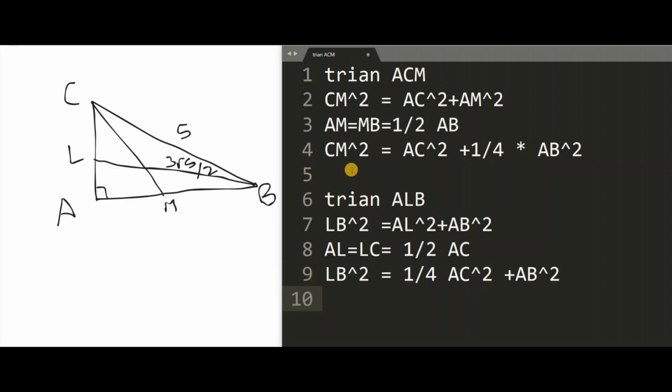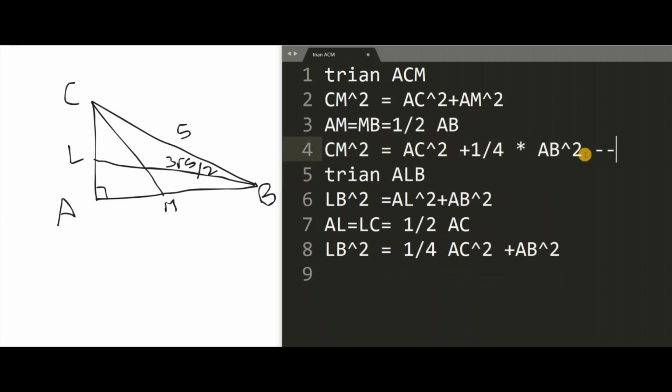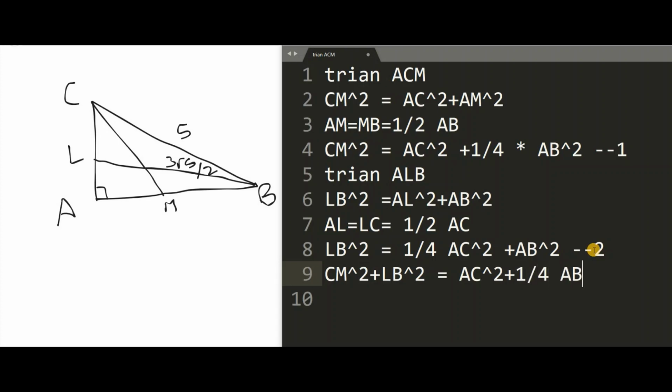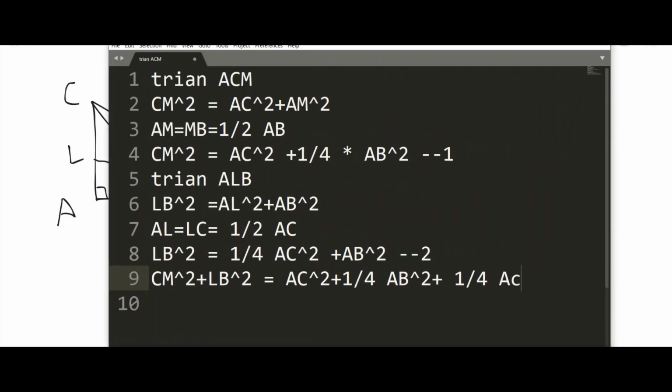So let us add equation 1 and 2. Here equation 1 means this one. This is equation 1 and this is equation 2. So let's add this. So we will get CM square plus LB square is equal to AC square plus 1 by 4 of AB square plus 1 by 4 into AC square plus AB square.